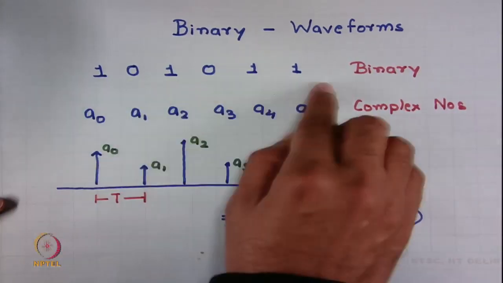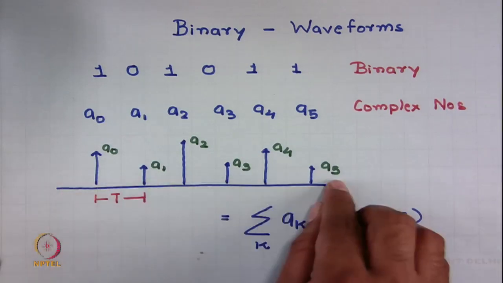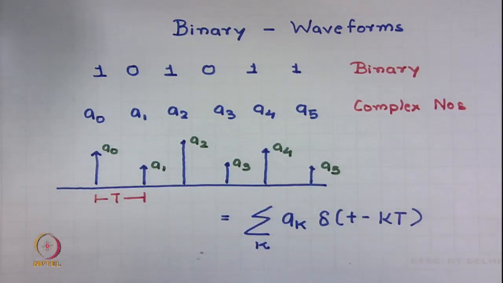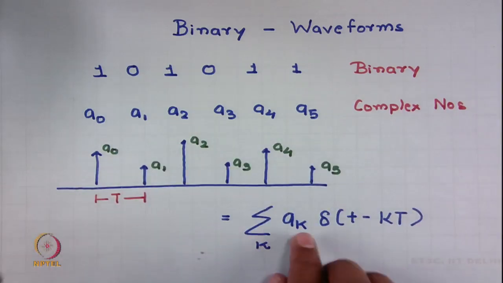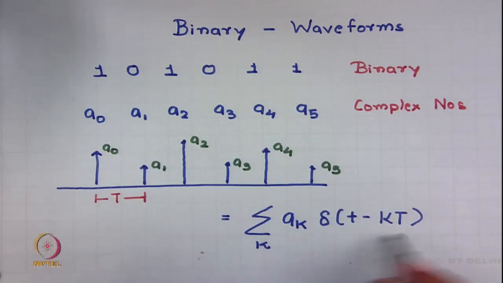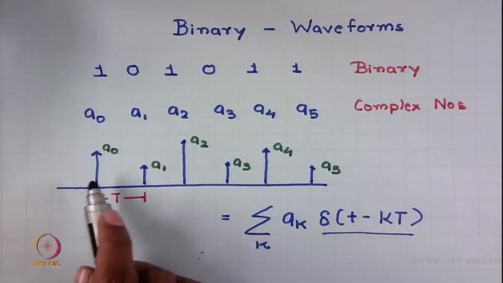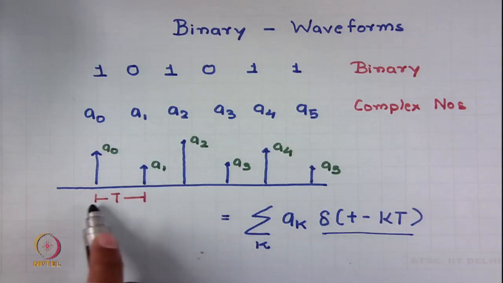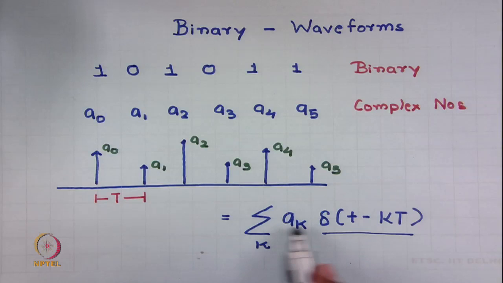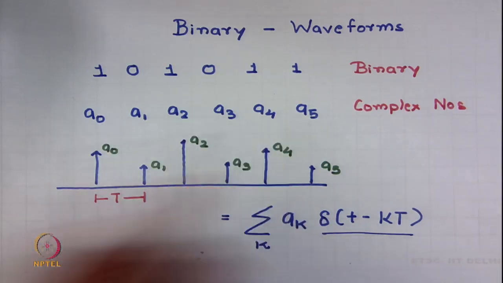So, we have got the binary sequence and converted it into an impulse train, and the weights of these impulses are the complex numbers. Mathematically we can understand it by this expression. This just tells me that I have impulses which are T spaced. T is the spacing between these impulses, and the weights of these impulses are A_k, meaning A0, A1, A2, A3 and so on.